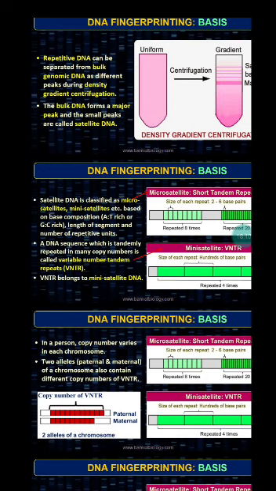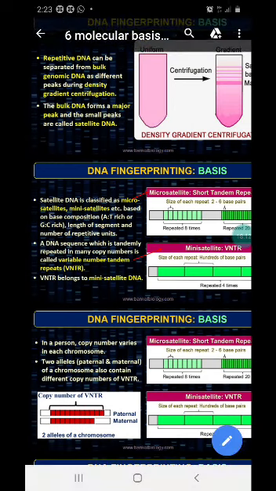So they stand out separately in the centrifuge, and this is separated. They do not use the entire set of genome. They use these peaks, which are called satellite DNA.